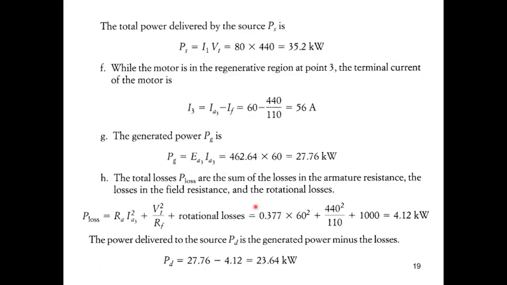Now we need to compare the returned power to the supply and the input power to the motor during motoring operation. As you can see, for motoring operation, we consume 35.2 kilowatts. And at regenerative braking, we return 23.64, which is almost around two-thirds of the power.